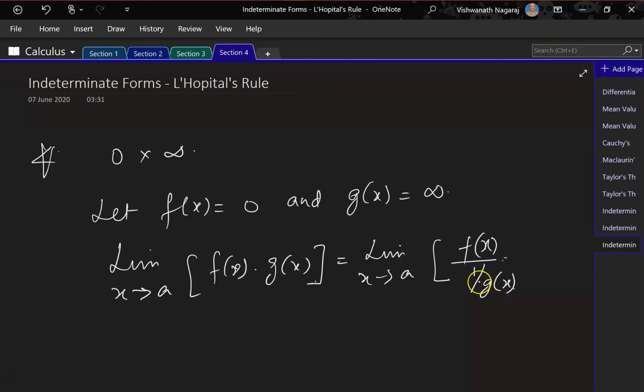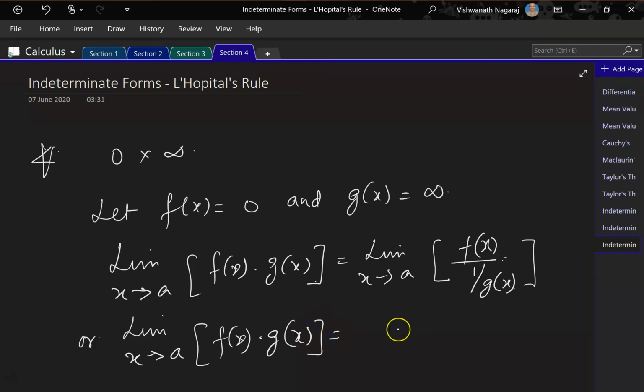Normally we take g of x to the top, but here we are doing the reverse of that. So instead of multiplying, we are dividing by the reciprocal. And now if you notice, f of x is 0 and 1 by infinity would be 0.